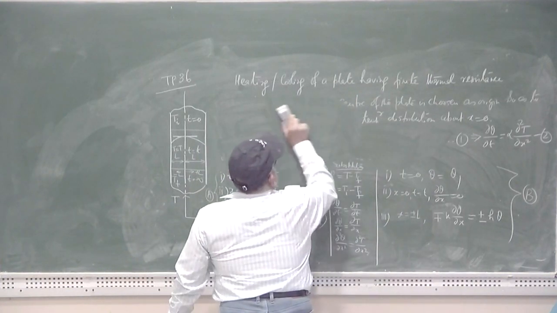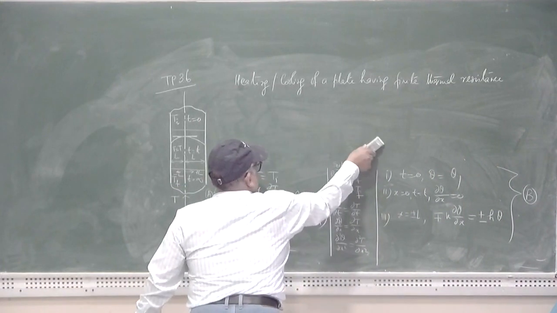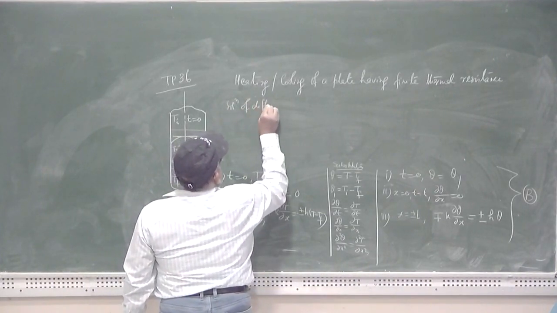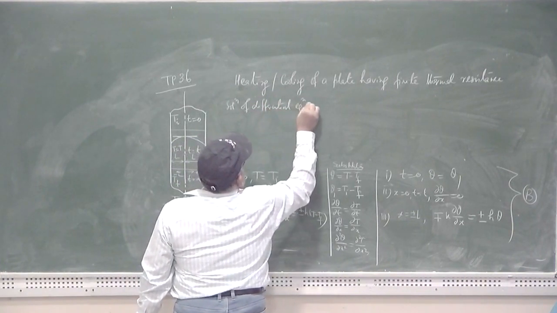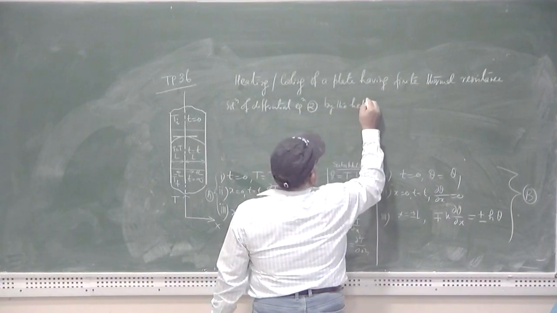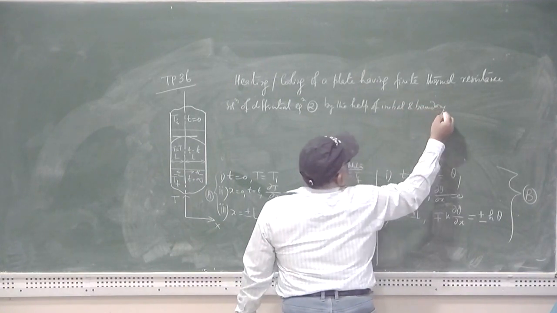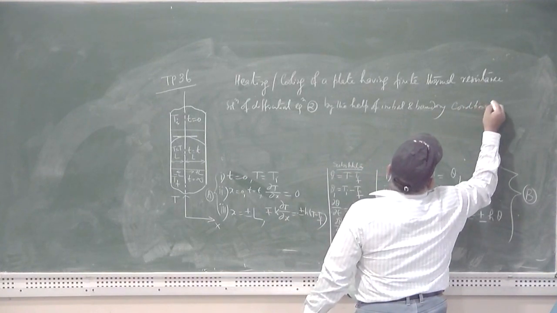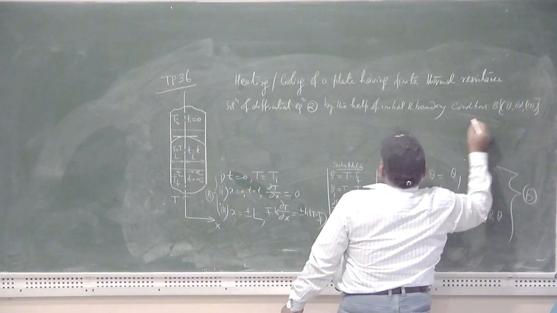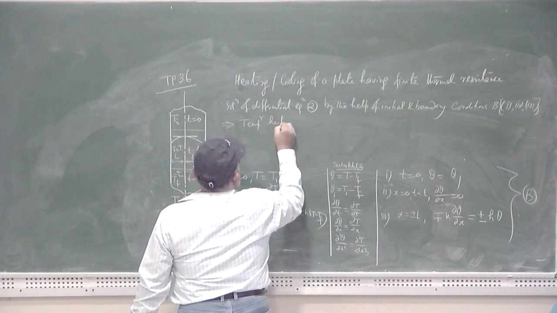So, the solution of differential equation 2 by the help of the initial and boundary conditions B 1, 2, 3 will give rise to the temperature history of the plate.